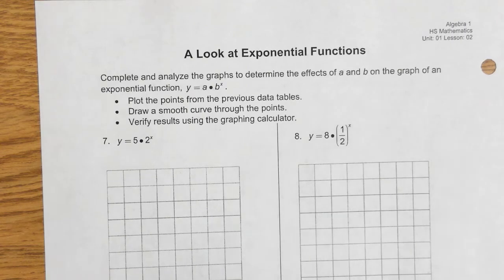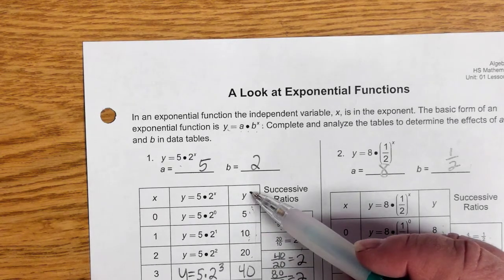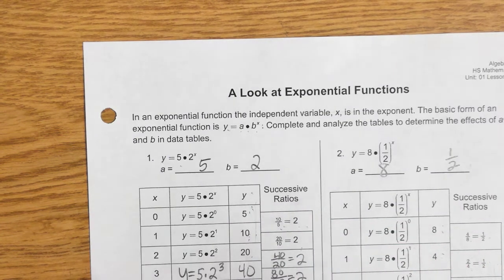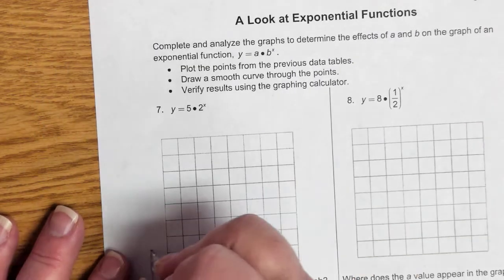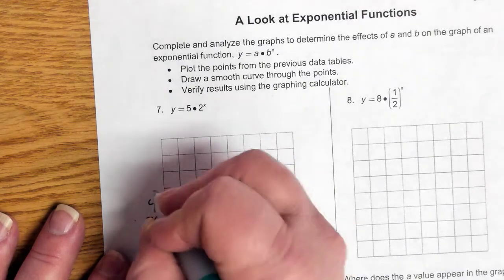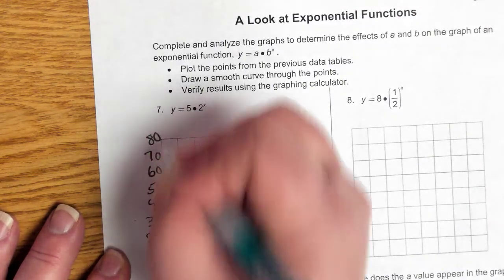All right, because I know these are going up by pretty much 10s, aren't they? My Y's, okay? I'm going to say 10, 20, 30, 40, 50, 60, 70, 80.